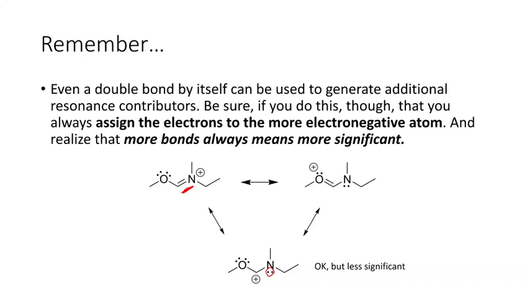Same over here. We have a carbon and an oxygen. We're going to assign the electrons from that double bond to the oxygen when we generate this new resonance contributor. And realize that whatever we do, because we broke a double bond, what we're making is going to be less significant. But it's still a perfectly good resonance contributor.